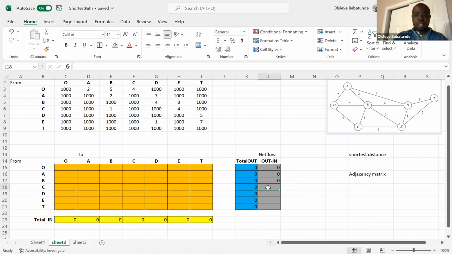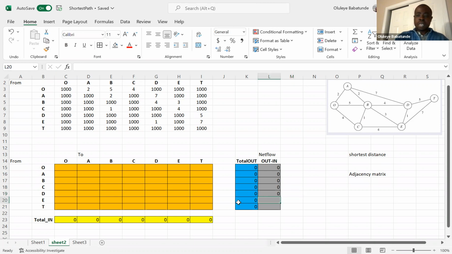Equals, open the parentheses, fourth blue cell minus fourth orange cell. Move to the next one, equals fifth blue cell minus fifth orange cell.